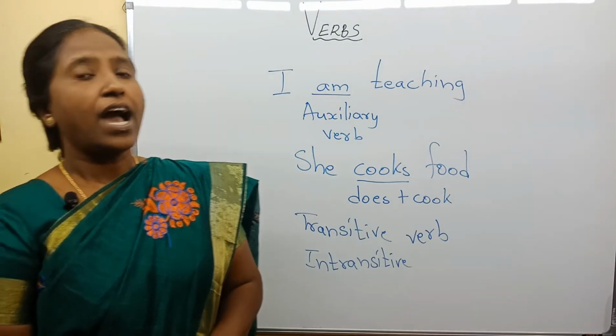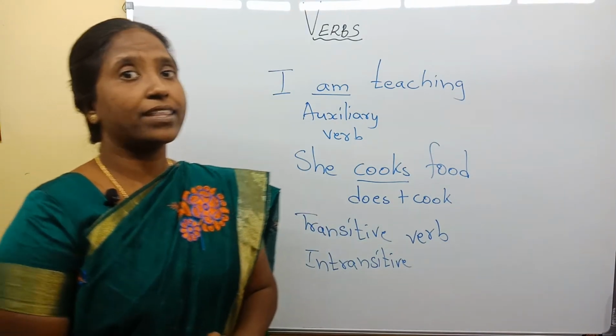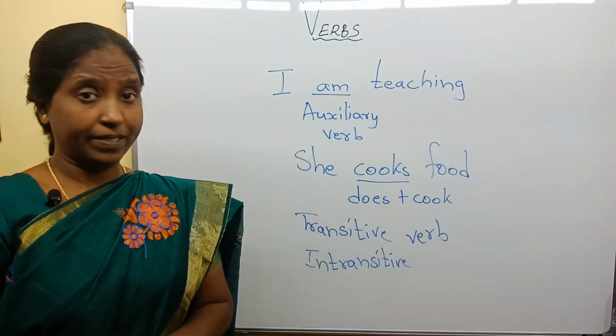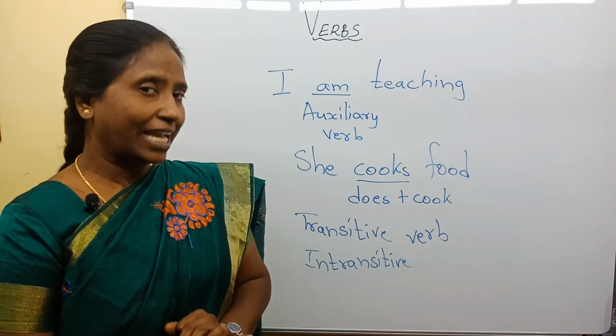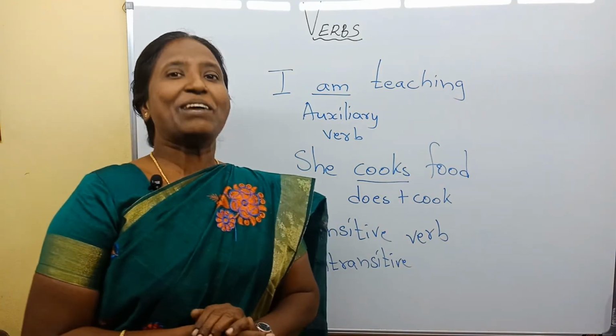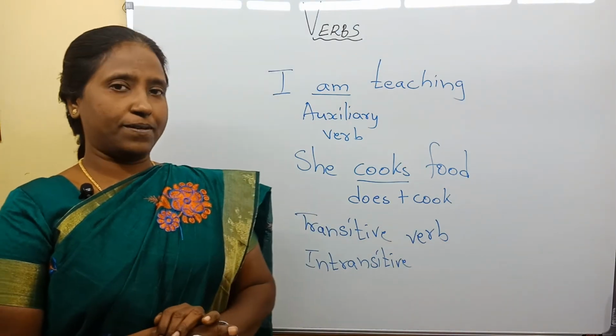That is, if I say, I ate a mango. For this I can make the passive voice: a mango was eaten by me. Whereas if I say I slept early, can I make a passive voice for this? No, not at all, because sleep is an intransitive verb.